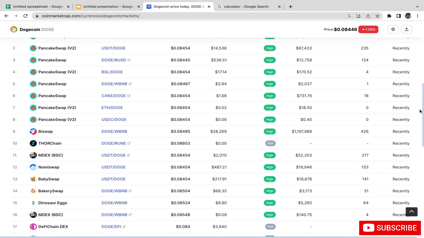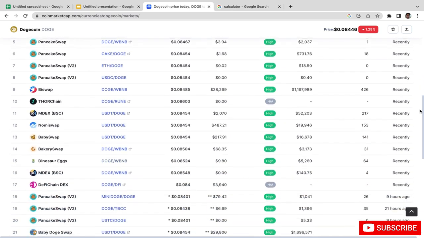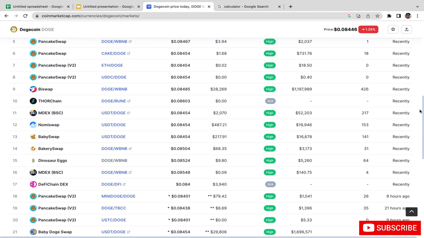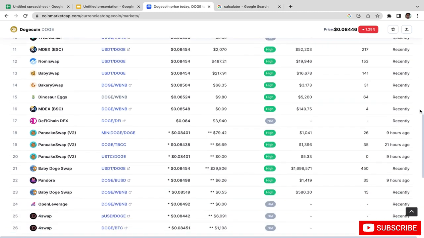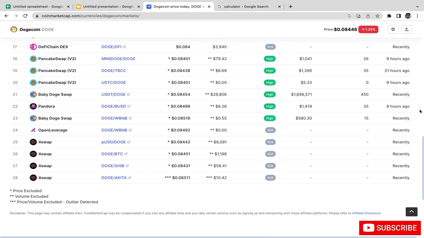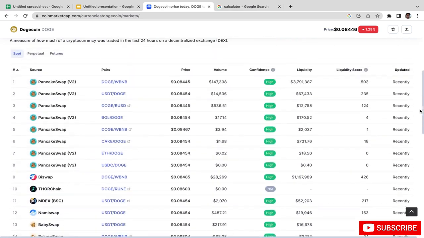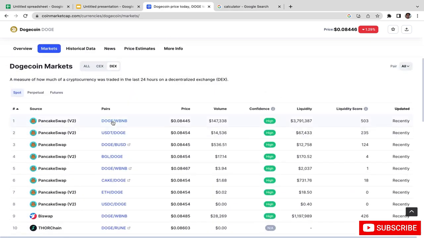Notice that you see many different decentralized exchanges here. You see PancakeSwap, or what else? Dinosaurs X, Bakery Swap. I'm not sure, maybe those two are not even available on Furucombo. Anyway, guys, it doesn't really matter. Just pick one here, for example PancakeSwap version 2, V2.